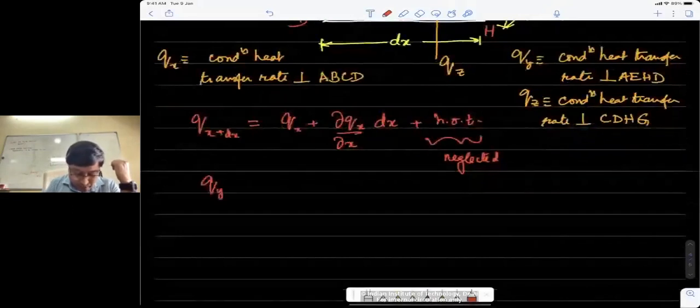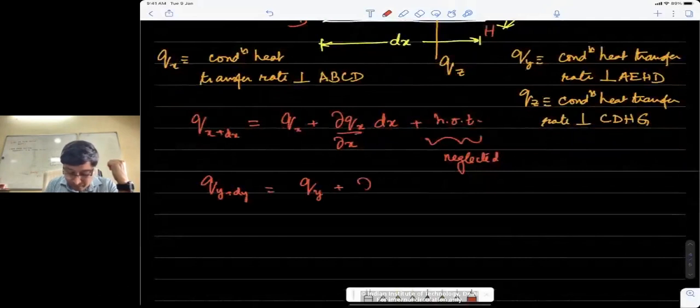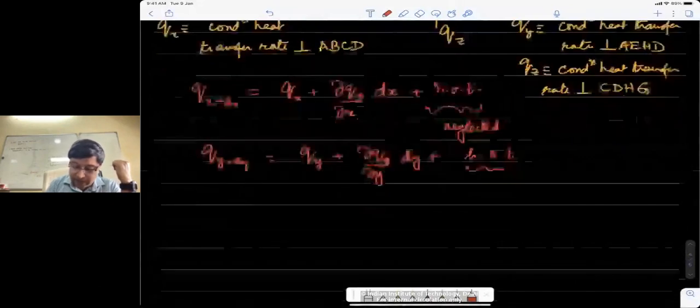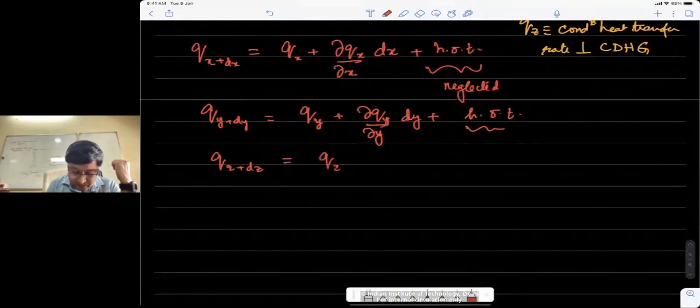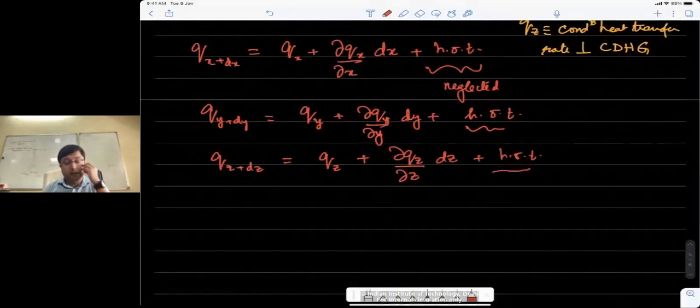Similarly, Qy plus dy would be Qy plus dqy/dy times dy plus higher order terms, which I'm again going to neglect, and Qz plus dz would be Qz plus dqz/dz times dz plus higher order terms, again being neglected.